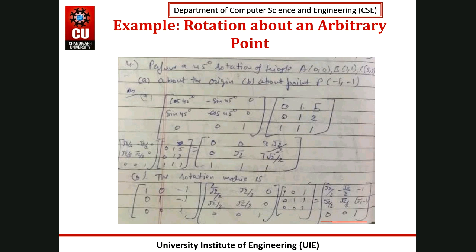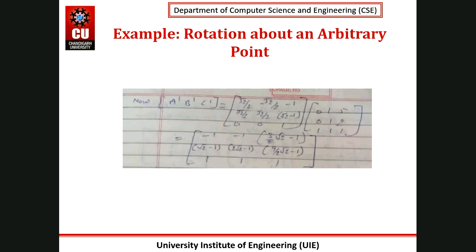Now this rotation matrix will be multiplied with the object matrix. I hope you remember what the object matrix is. Tm multiplied by Om. Tm means transformation matrix, Om means object matrix. So the Tm is now multiplied with the Om.